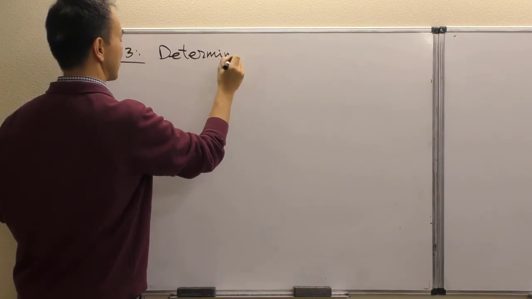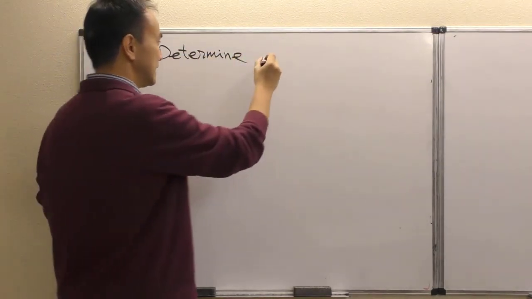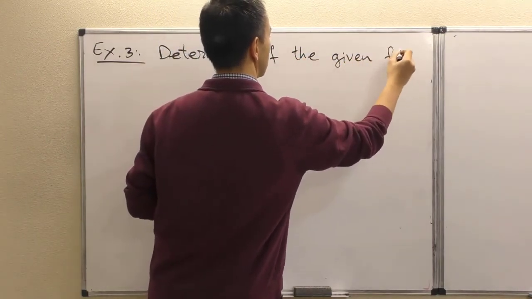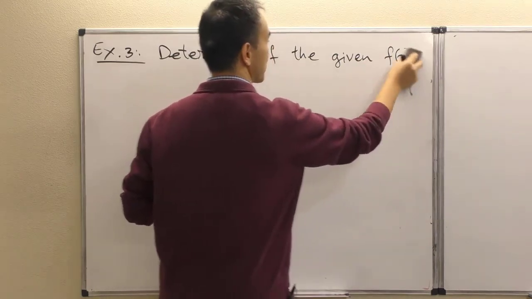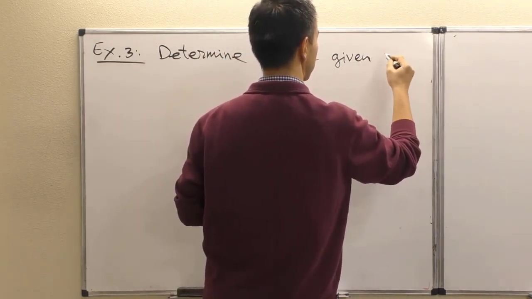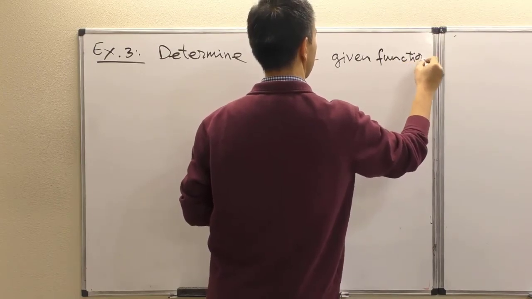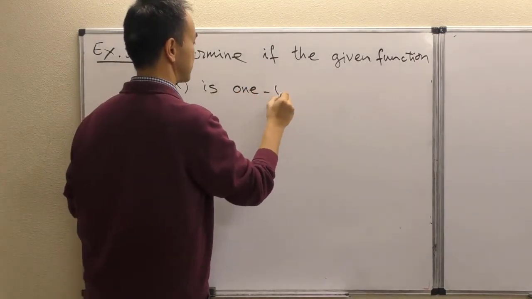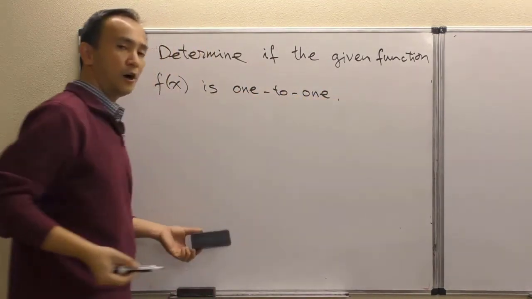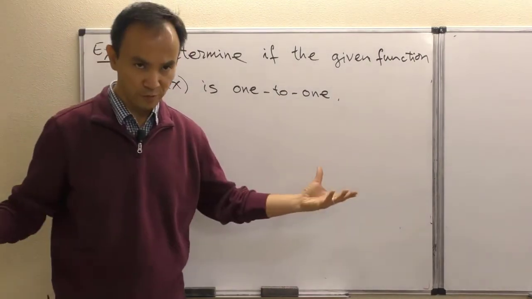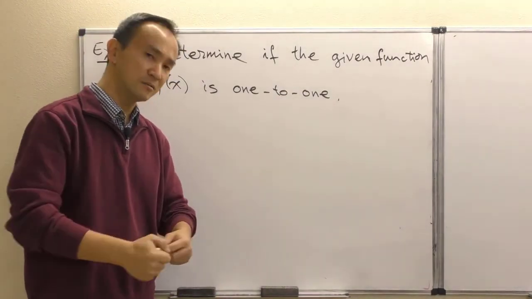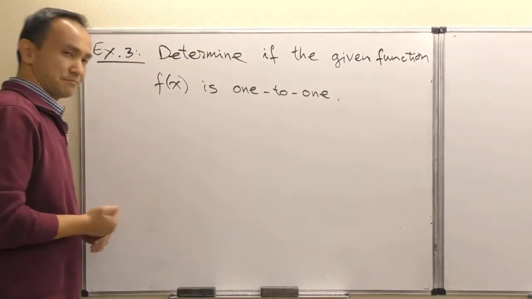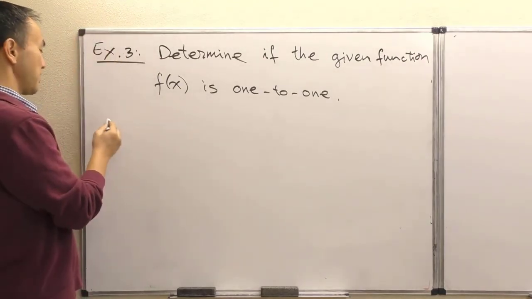This one has worded instruction: determine if the given function f of x is 1-to-1, and allow me to explain all of my reasoning through the example as well, rather than just talk a little bit about it before we got into doing it, because now you've had all that detail. All right, so now part A, and this is what I mean right here.